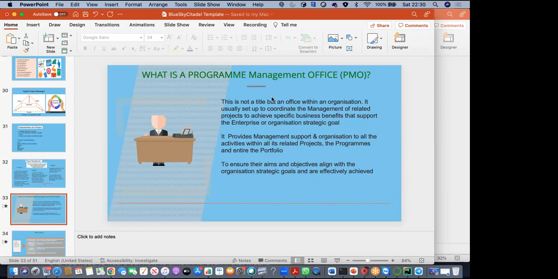So we set up a program management office to provide management support and organization to all the activities happening within the related projects or within the programs.